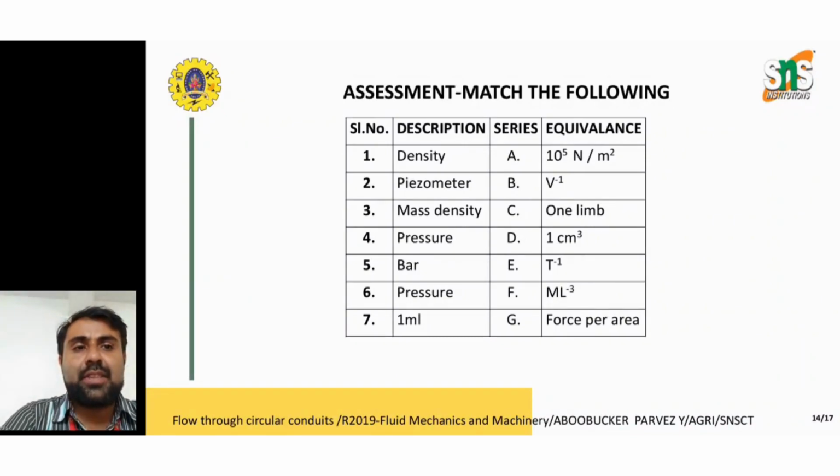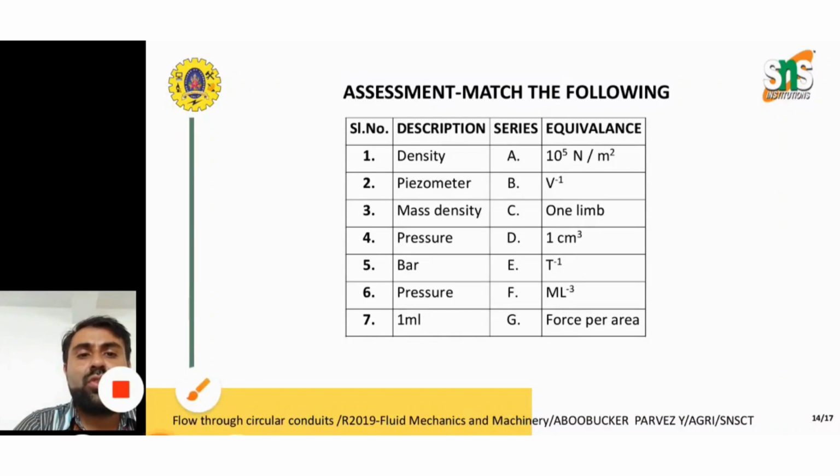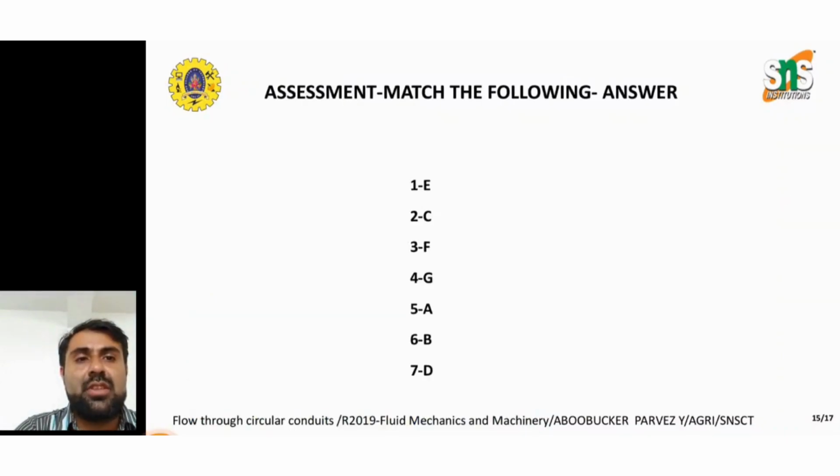So that density has been matched here. When it comes to your piezometer, you'll have one limb there, and you have mass density. You have all these to match against. One bar is A, like 10 to the power 5 Newton per meter square. So you can actually match these. These are the answers which we have come up with. You can try the match the following before, then you can see the answers here.